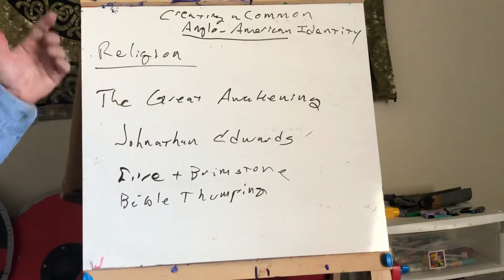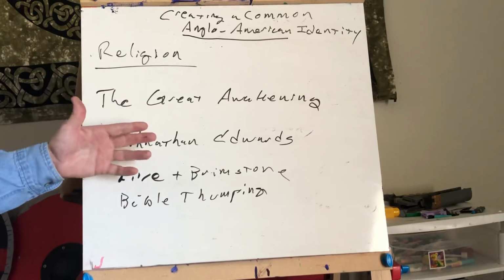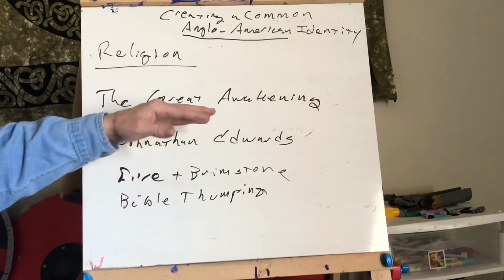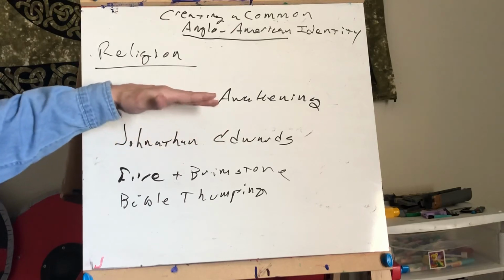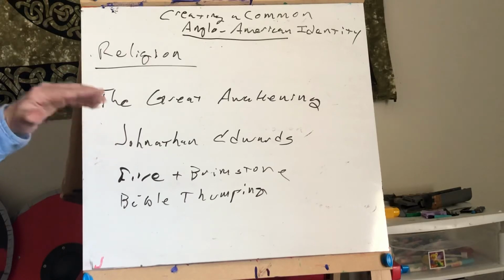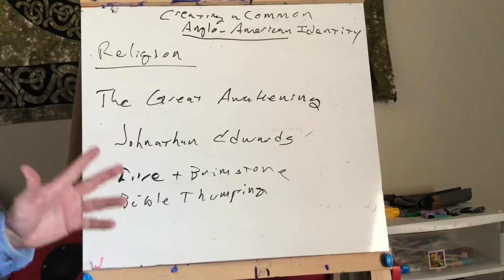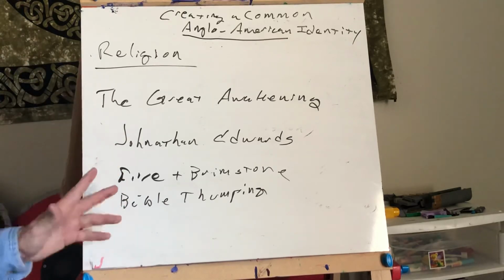So again, whether or not you're in Georgia or North Carolina or New England or Pennsylvania or Virginia, you're going to be able to read some of these sermons by prominent preachers like Jonathan Edwards, and you're going to be able to debate their ideas, and that's going to be a common identity that everybody has.